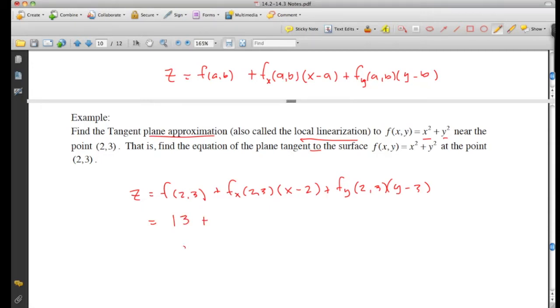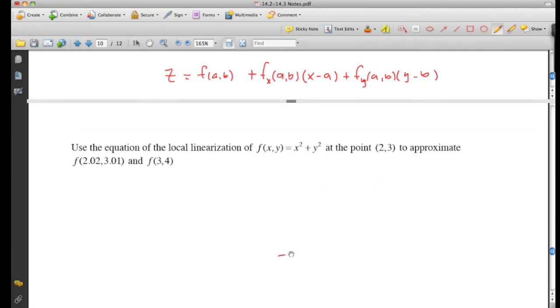Plus, we're going to find the partial derivative with respect to x. Partial derivative of this function with respect to x is pretty simple. That's just 2x. And then this says evaluate that function when x is equal to 2 and y is equal to 3. So when x is equal to 2, that's going to give me 4. All right, and then we're going to multiply that by x minus 2. And then we need the partial derivative with respect to y.